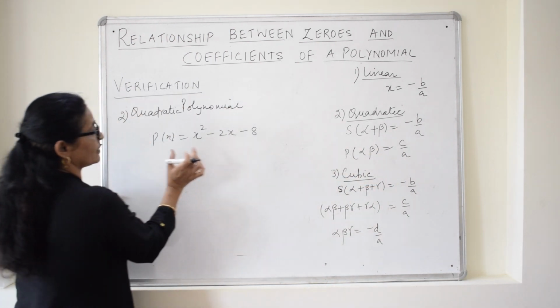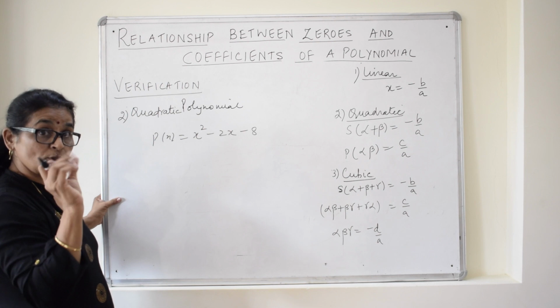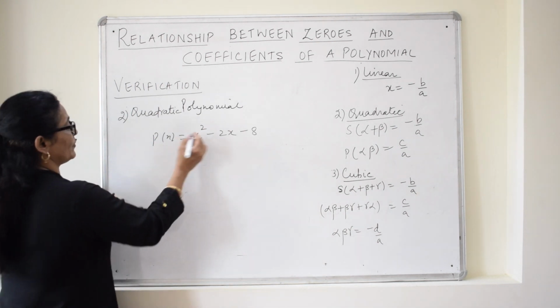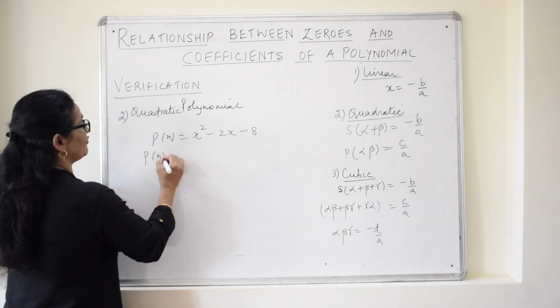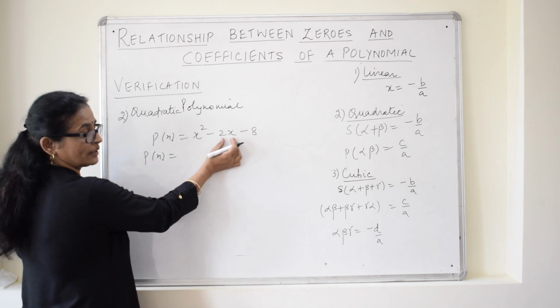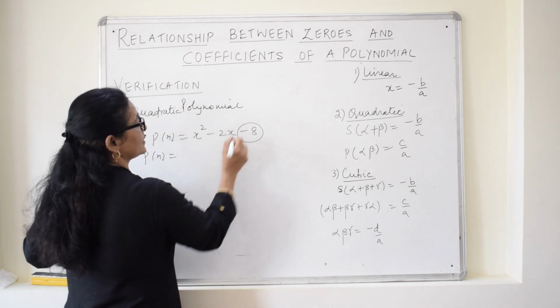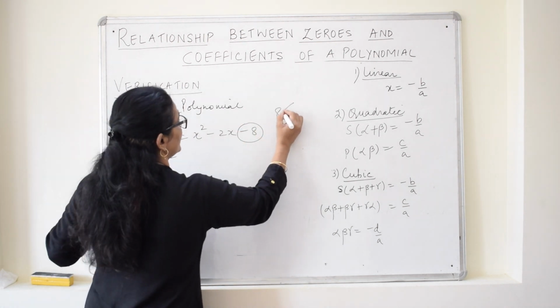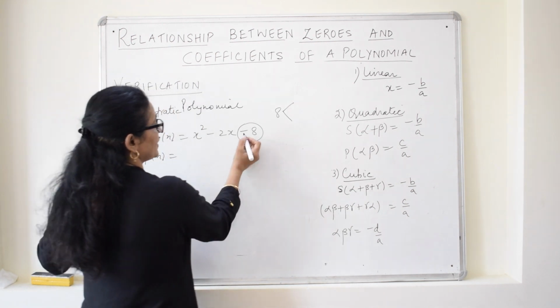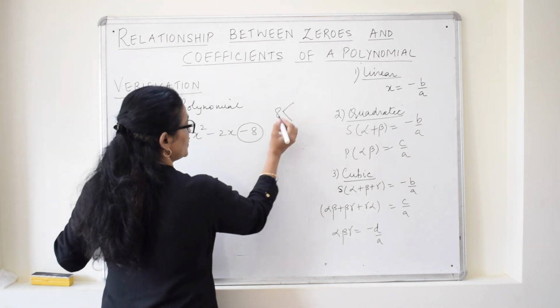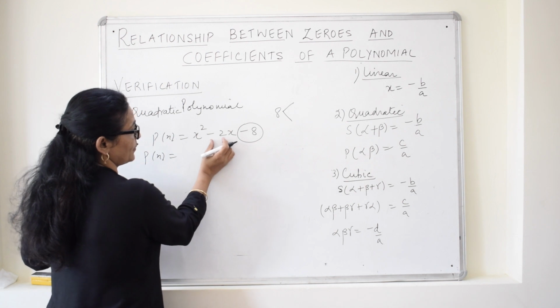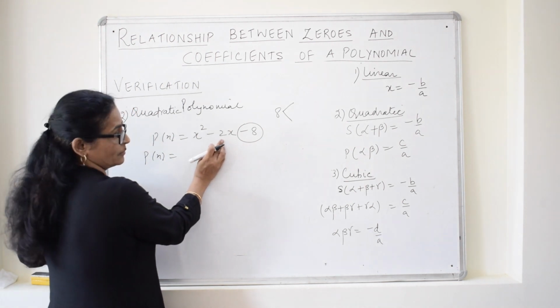So first we will find the zeros of this polynomial. To find the zeros of this polynomial, we will factorize it by splitting the middle term. The last term is minus 8. We have to find two factors of minus 8, but those two factors you have to choose whose sum is the coefficient of the middle term.